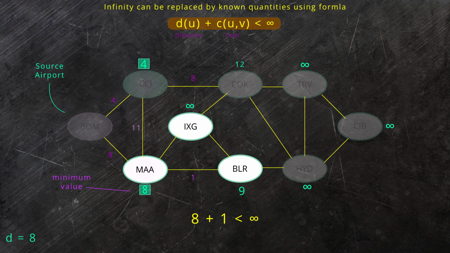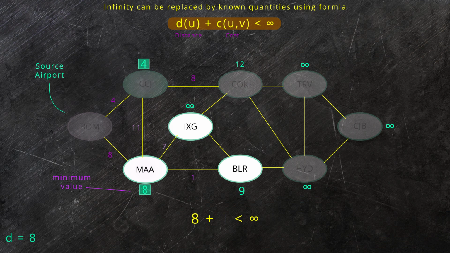Now look at the next part. That is MAA to IXG, that means Chennai Airport to Belgaum Airport. So now V becomes IXG Airport. Again using the same formula, distance of U plus cost of U to V should be less than distance of V. Distance of U is 8. Cost of MAA to IXG is 7.